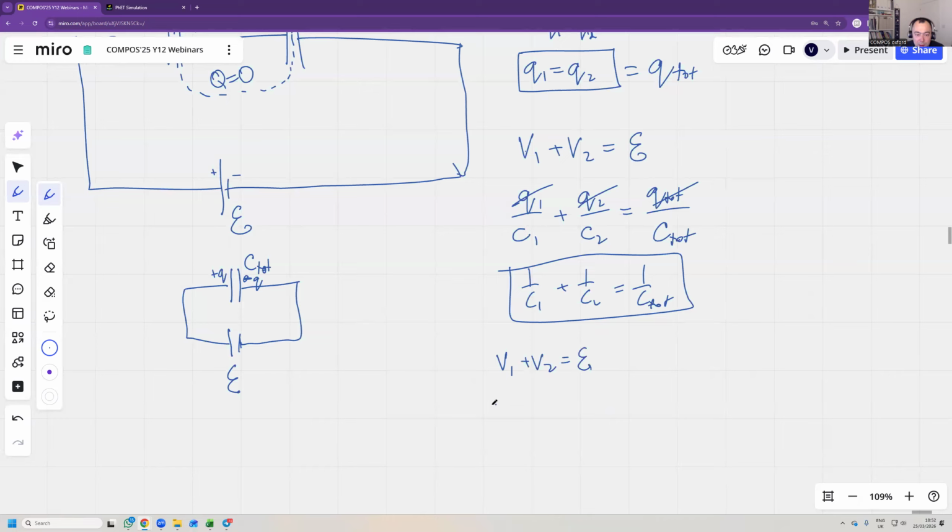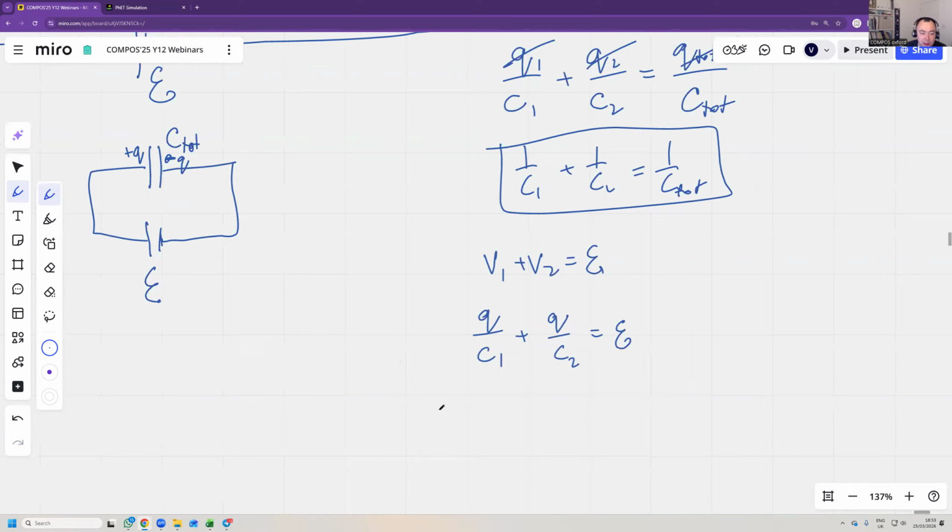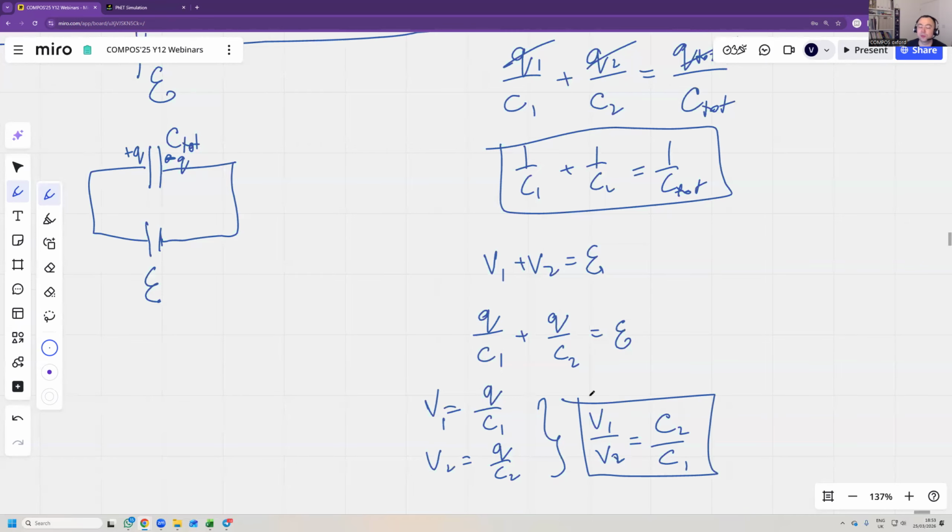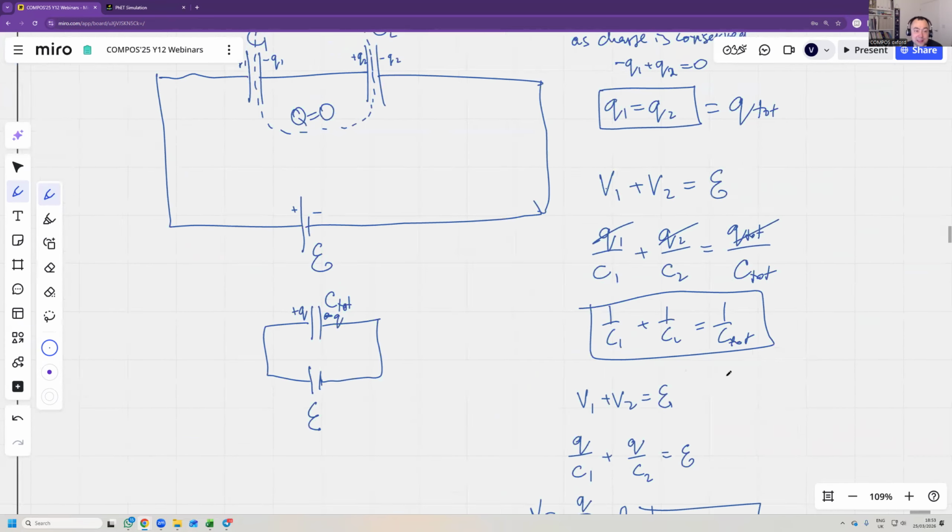So Q over C1 plus Q over C2 equals EMF. And therefore, we can write V1 is Q over C1 and V2 is Q over C2. And therefore, the ratio of V1 to V2 is C2 over C1, inversely proportional to the capacitances.